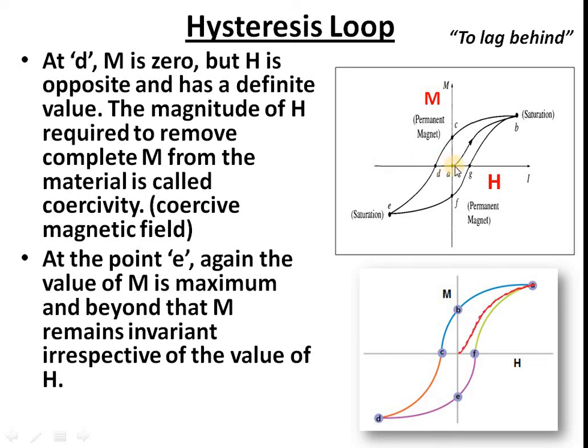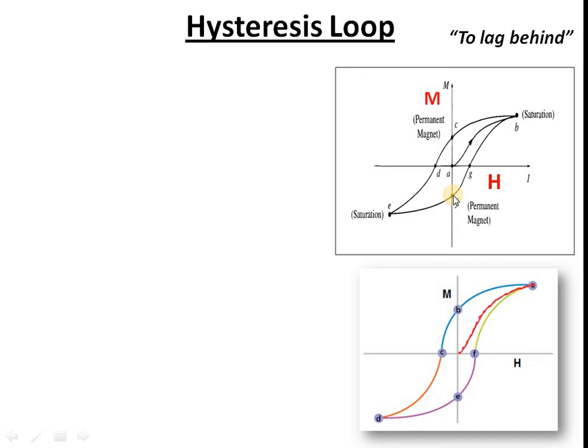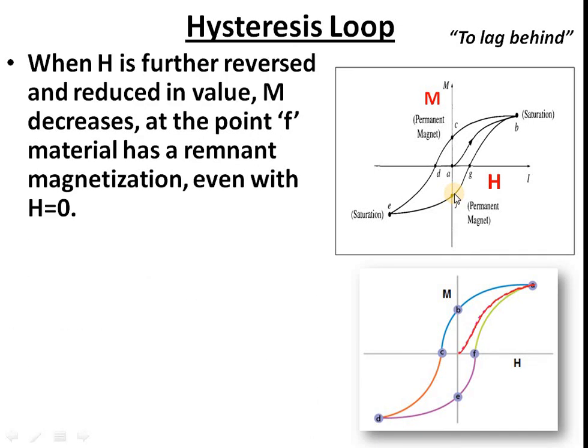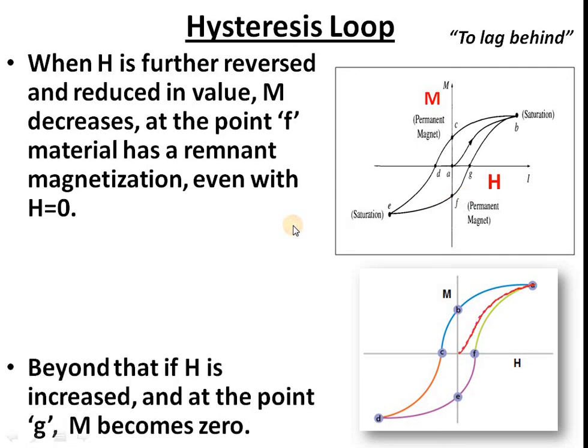When H is brought to 0, M is again a non-zero value. This is again remnant magnetization or residual magnetization. When H is further reversed and reduced, M decreases at the point F, which is the remnant magnetization, as shown.